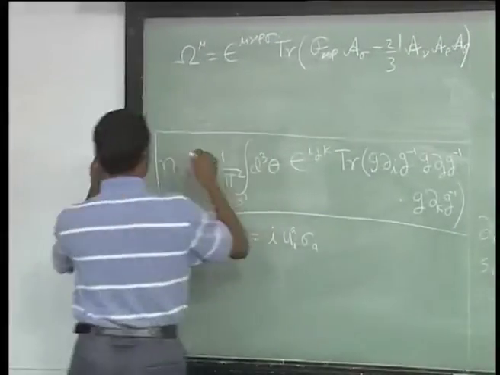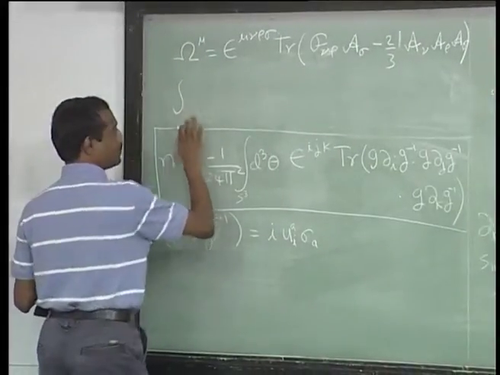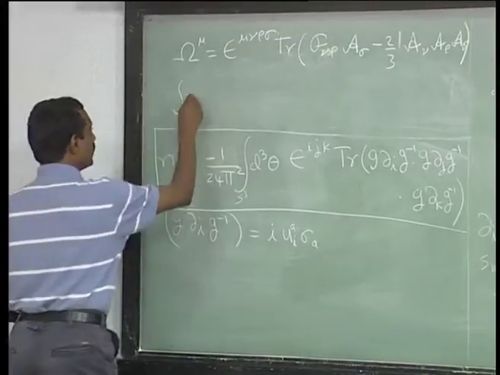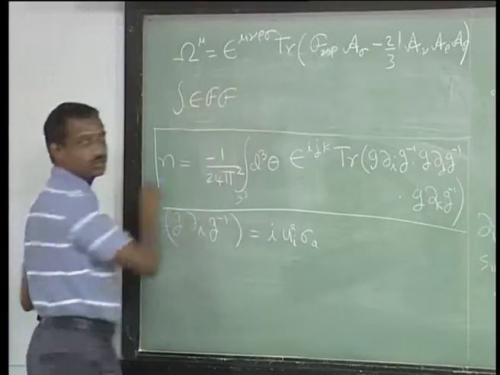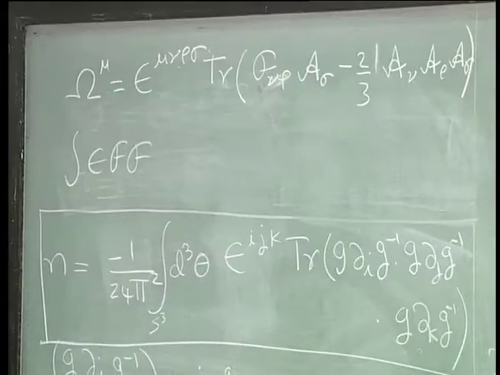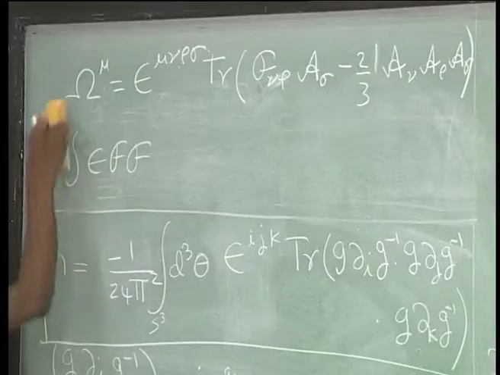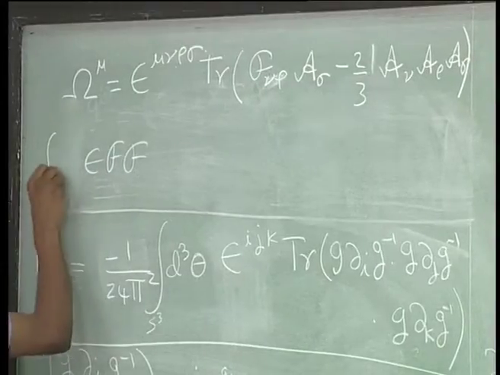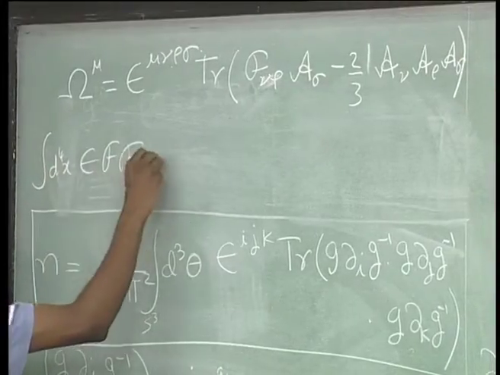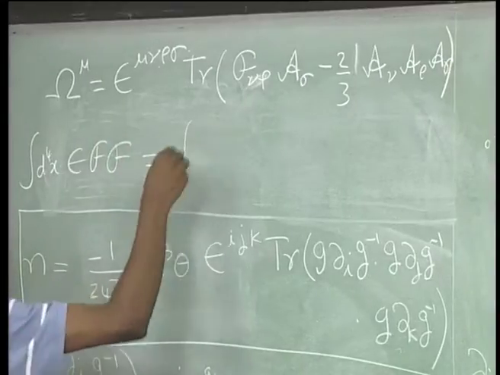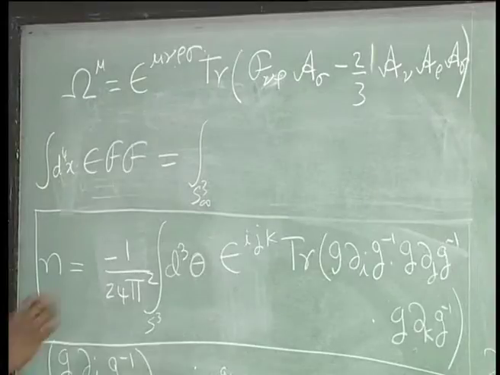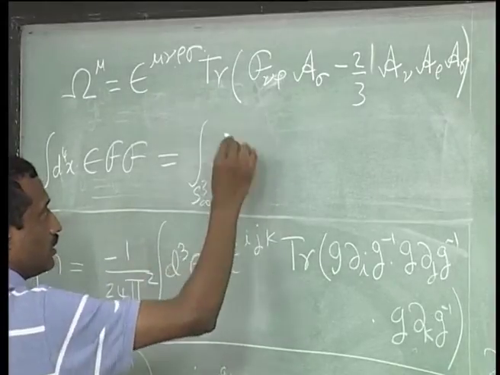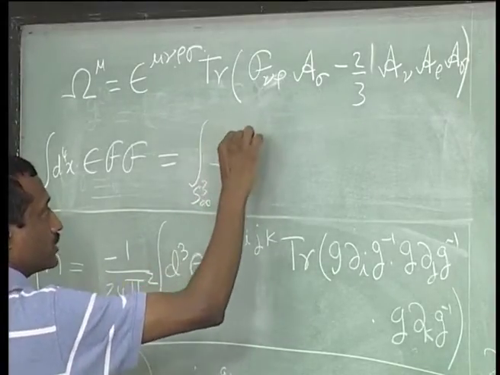So the integral of epsilon FF over 4-space will be equal to an integral over the 3-sphere at infinity of omega in the radial direction.